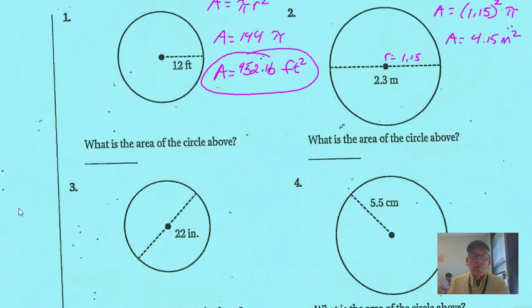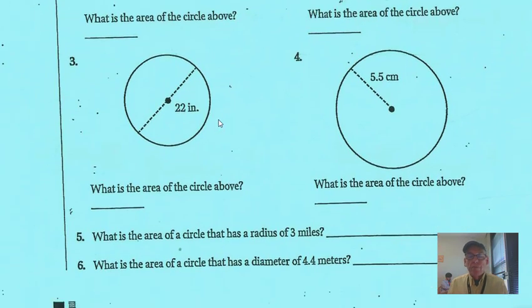Okay, so look at number 3. They're giving us a diameter of 22 inches, and they want us to find the area of the circle. So if the diameter is 22, all the radii are going to be 11. So we have a radius of 11. So area is pi r squared.